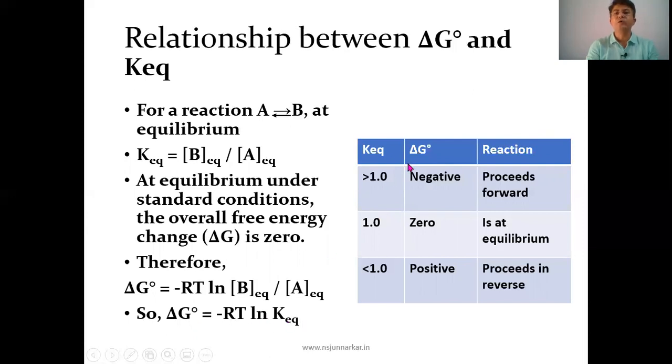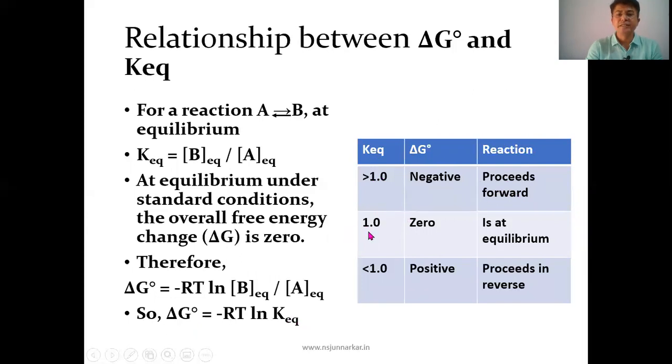So if we talk about the KEQ and delta G0, if the equilibrium constant value is greater than 1, then the reaction will proceed in a forward direction. That is, under the same conditions, delta G0, the standard free energy change, will be negative, and the reaction will proceed in a forward direction.